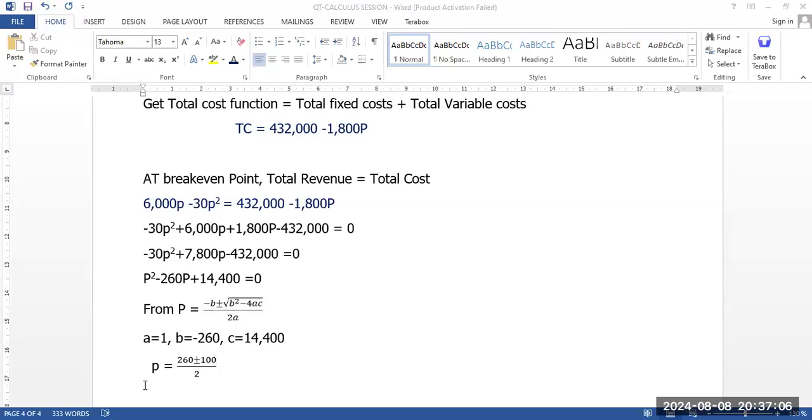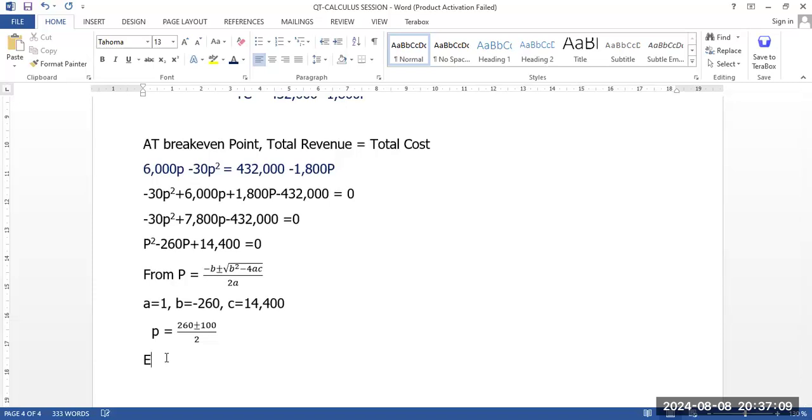Okay. So either P is equal to, we can start with the positive, or P is equal to the negative.